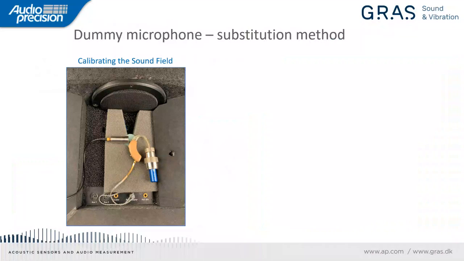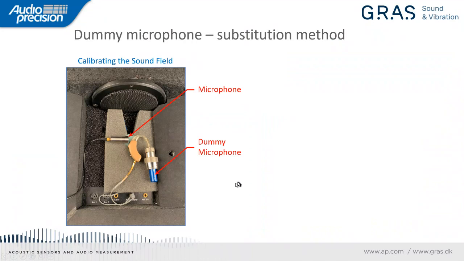Now, we would be happy to sell you twice as many microphones and analyzers with 2 input channels, but you can actually do the test with a single microphone by using this dummy microphone and swapping the position of the 2. So when we're setting the level of the sound field inside the chamber and equalizing the speaker, we put the microphone at the test point, center of this blue circle in front of the speaker, and we put the dummy microphone inside the coupler.